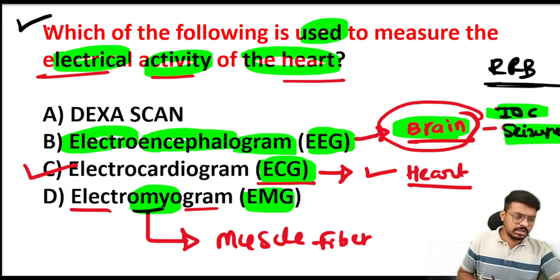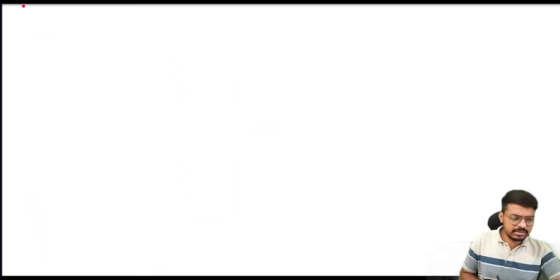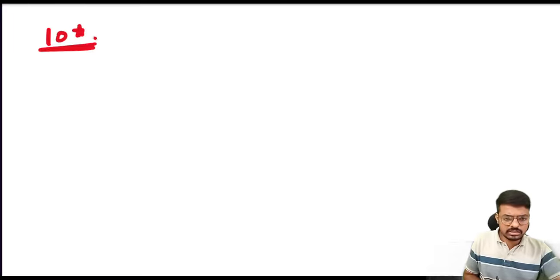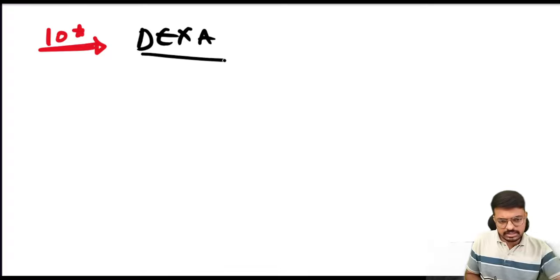Then comes the DEXA scan. This DEXA scan is a 10-star question the examiner will throw in this upcoming NARCET batch, so please read it once. What is the meaning of DEXA scan?